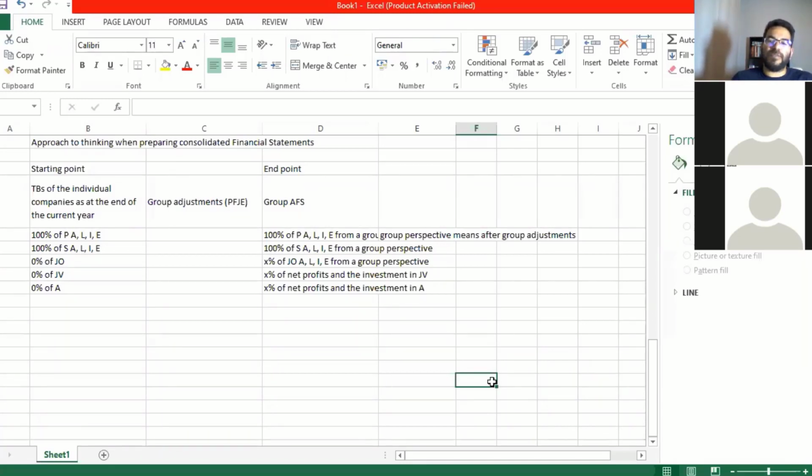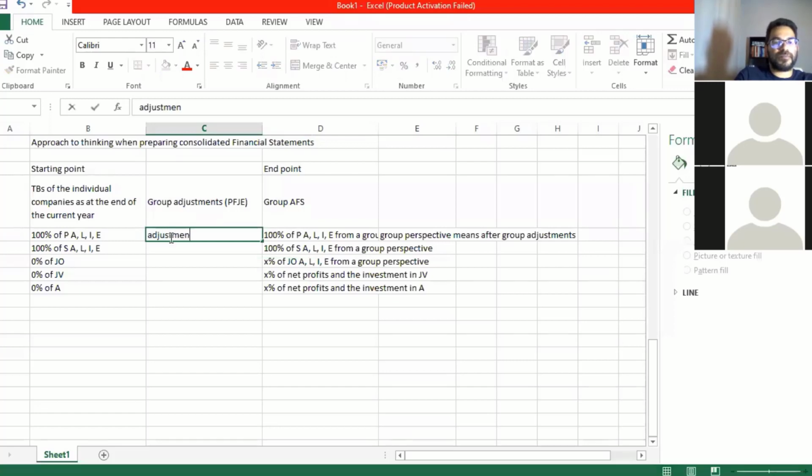Our group adjustments are twofold. On a high level, there are two types of group adjustments. Number one, it is adjustments relating to transactions at acquisition.